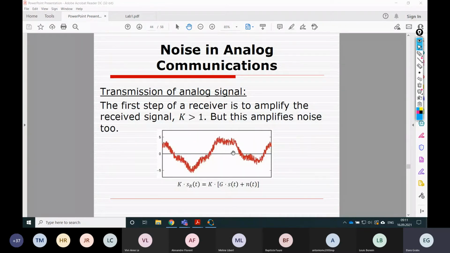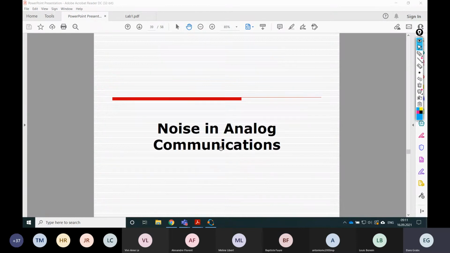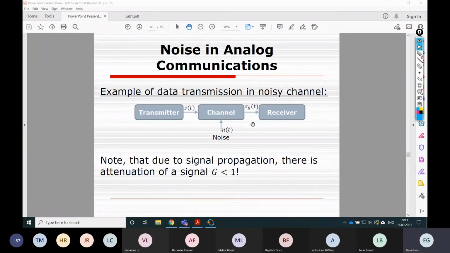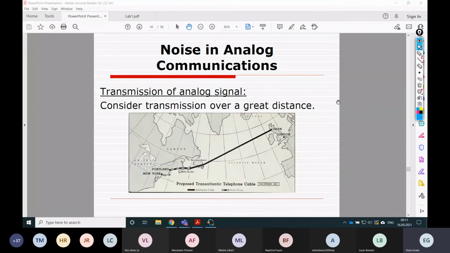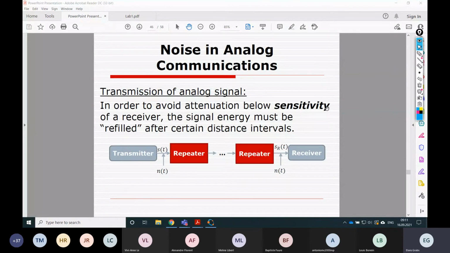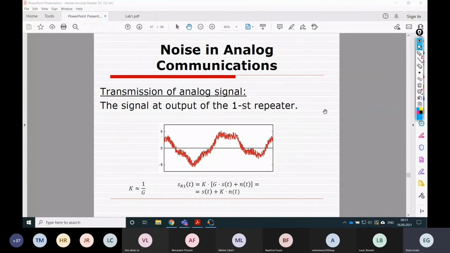Basically, a repeater is this single component, which receives, and also has another transmitter, and everything is repeated again. Again channel, again receiver, again transmitter, and so on. So the repeater has a receiver, amplifier, and transmitter.